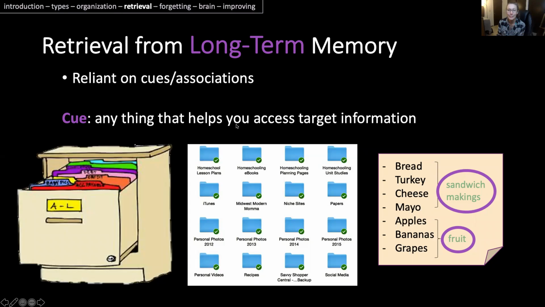Or, in the technology days, things like the name that you give to your files and folders that help you then remember what's in that folder. Or if you remember this grocery list example when we talked about chunking, things like sandwich makings or fruit act as cues for you to then retrieve the actual items that you need later.